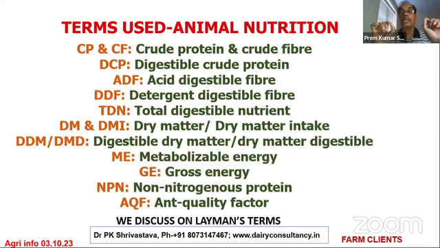So digestibility is detected in the lab. Suppose you are giving 10 kg of fodder; out of that only 5% is non-digestible, or 10%, or 30%, or 50% is non-digestible.